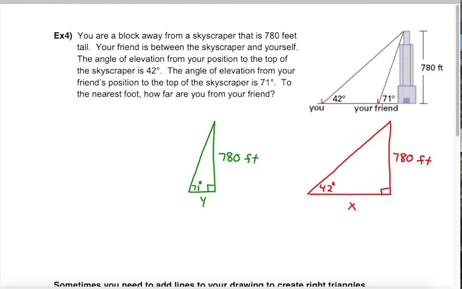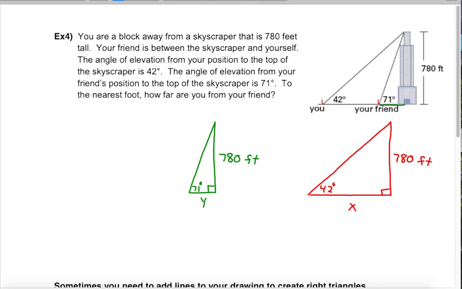So back in the original picture, this will be y, and that will be x, and what they're looking for is the distance between you and your friend. So obviously if you know that red distance, you can subtract the green distance, and that'll give you what they're looking for. So that's the approach on that one.